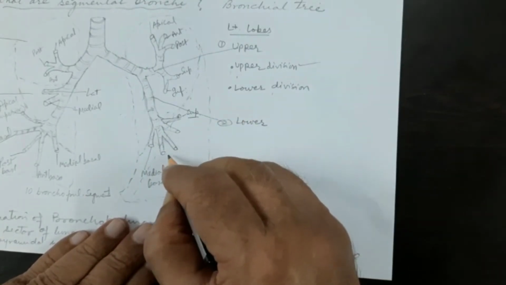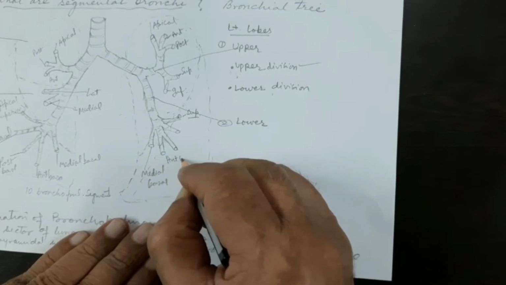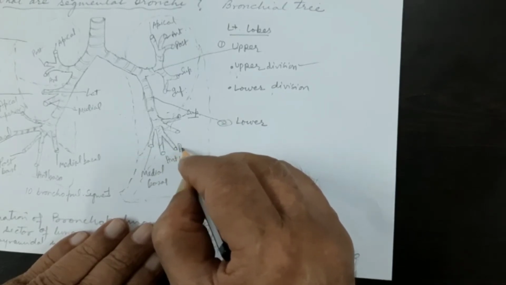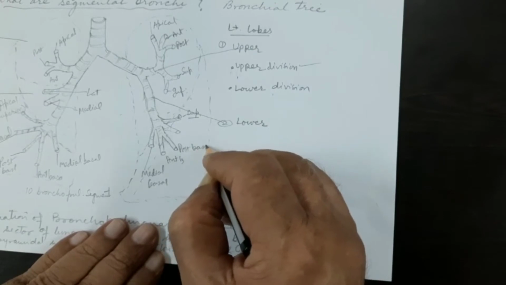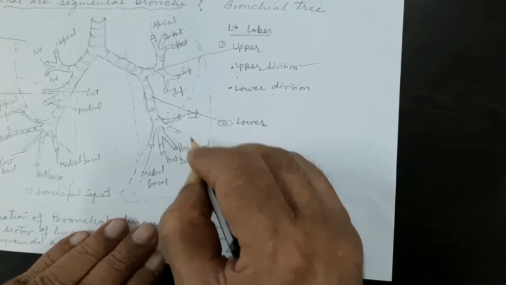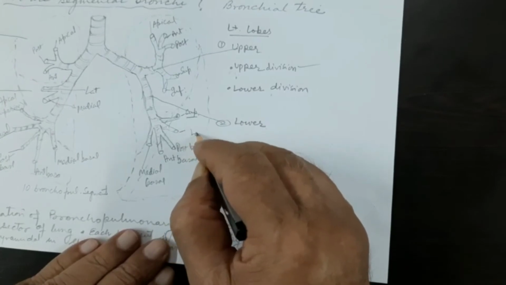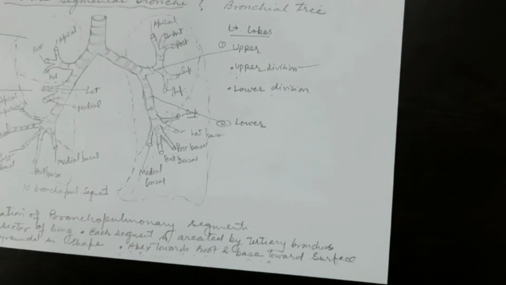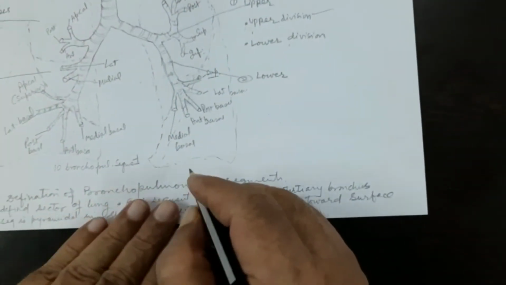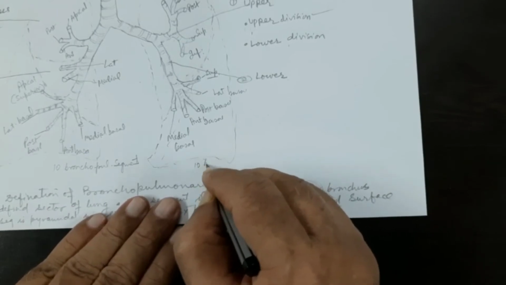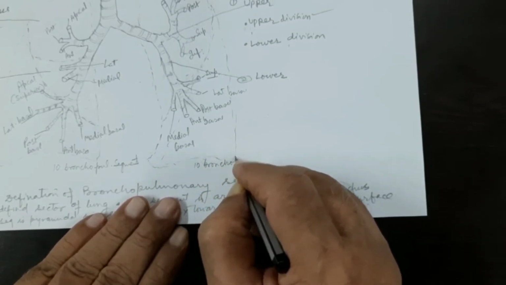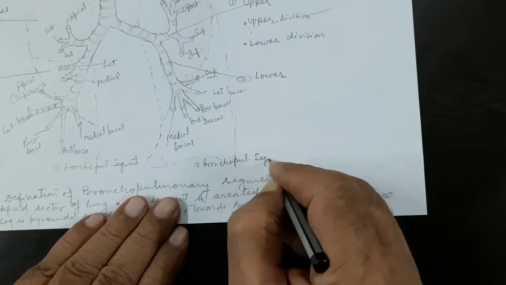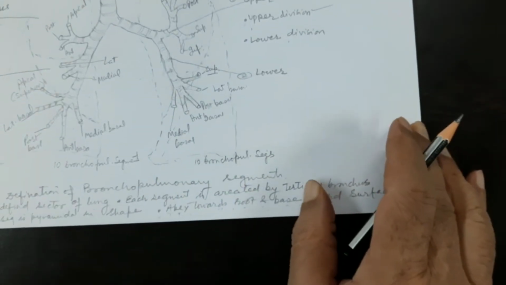Then there will be the anterior basal, the posterior basal, and then the lateral basal, okay. So the basal part of the lower lobe is supplied by 1 superior and 4 basal segmental bronchi. So this also makes 10. So in the left lung also there are 10 bronchopulmonary segments, okay.